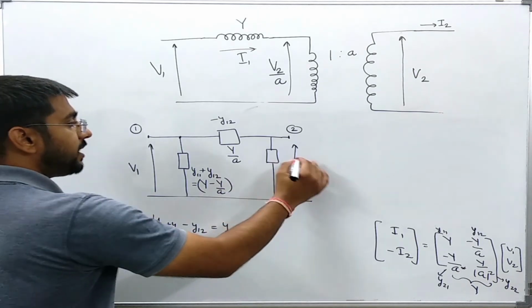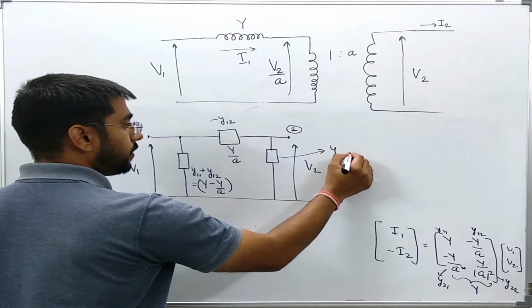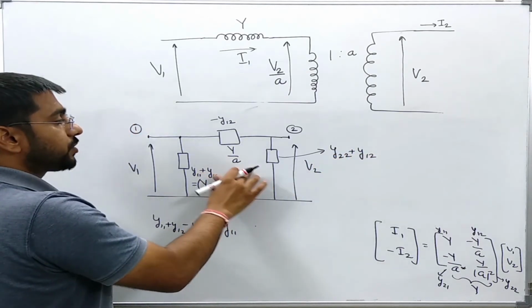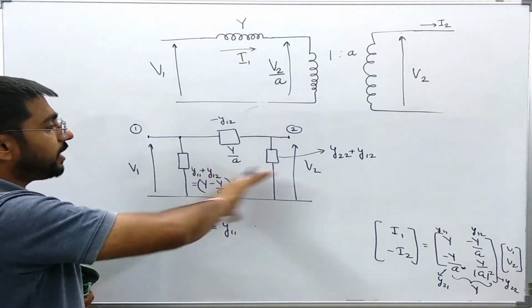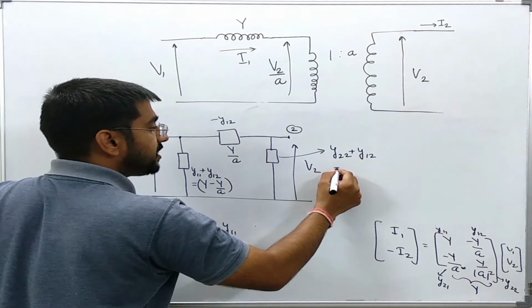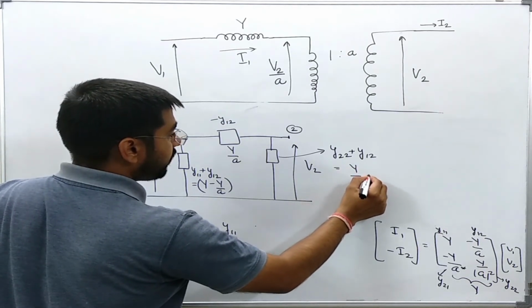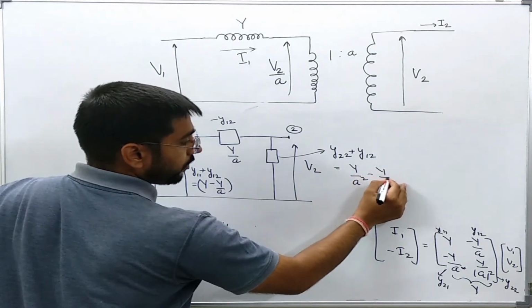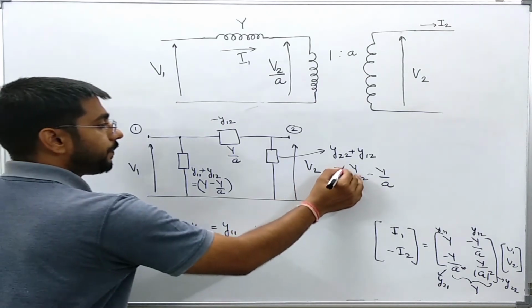Similarly, this element will be Y22 plus Y12 because it is a real quantity. So only in this case I can represent it using equivalent elements. So it will be simply Y over A squared minus Y over A. Okay.